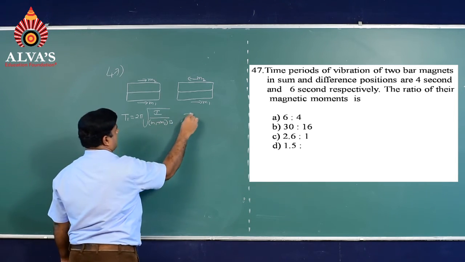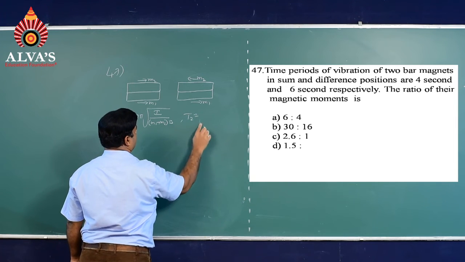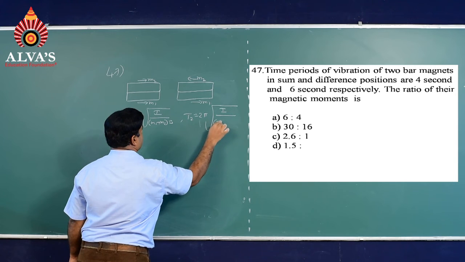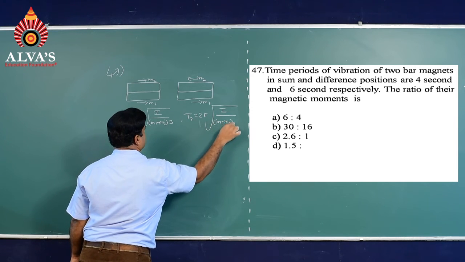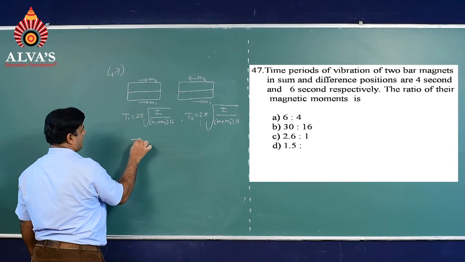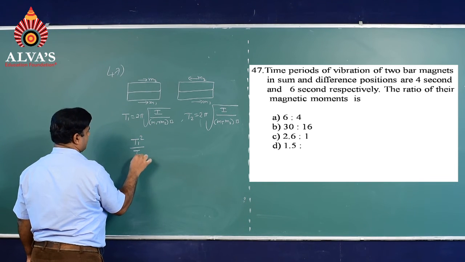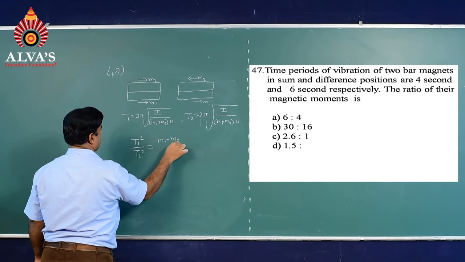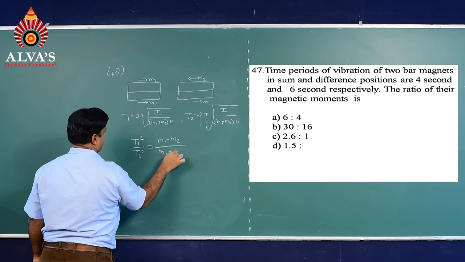B, T2 is 2π into root of I by (m1 minus m2) into B. T1 squared by T2 squared equals m1 minus m2 by m1 plus m2.